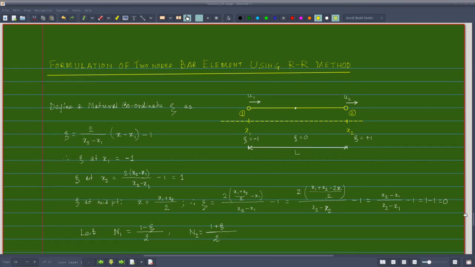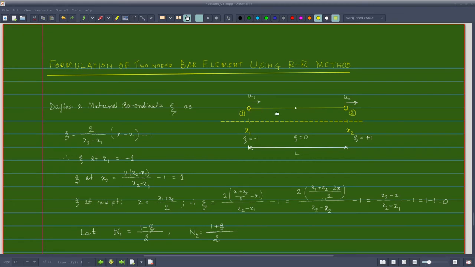Next, we take up our familiar two-noded bar element once again, and let us find out its stiffness matrix, this time by using the Rayleigh-Ritz method. Earlier we had done the same thing by using Galerkin's weighted residual formulation, and now we will be using the Rayleigh-Ritz method, and we will see that both the methods give us the same result finally.